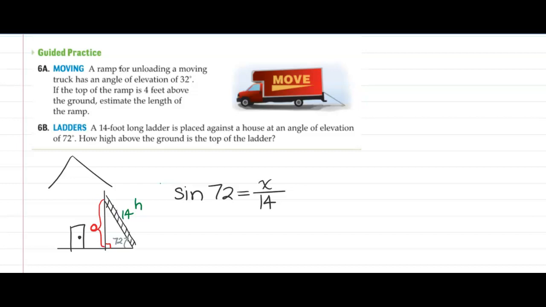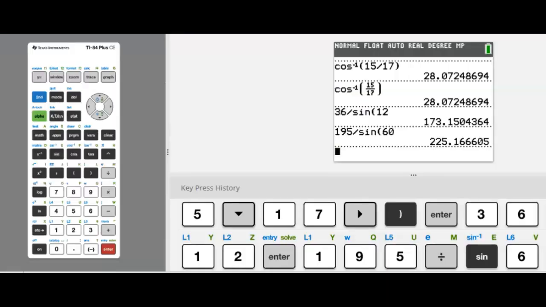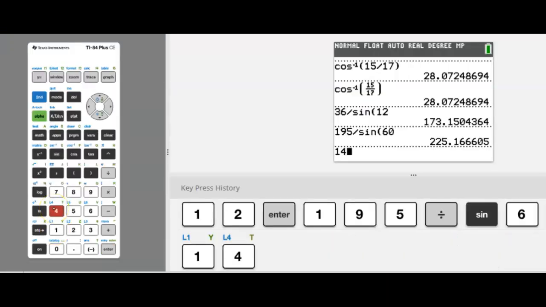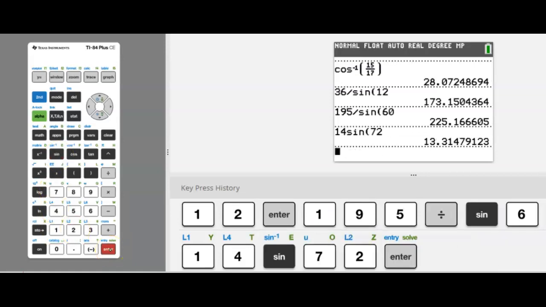Just be careful that you don't confuse it with a 0. That's why I used x, since that's the distance we're trying to find. Multiplying by 14 on both sides. We know that x is approximately 14 sine 72. 14 sine 72. 13.3.